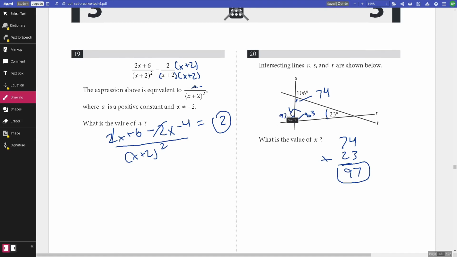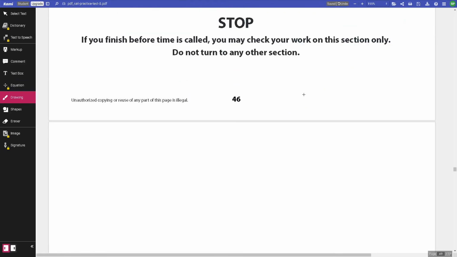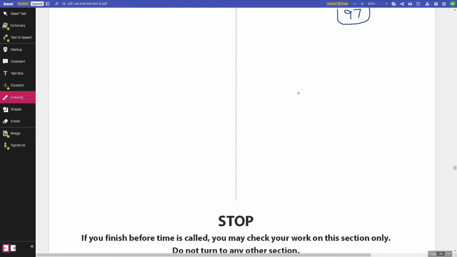So I think my method of just adding the outermost angles is easiest. But if you don't remember that from geometry, then use the traditional way of solving for the angle using the fact that the sum of the angles in a triangle is 180, and then use the fact that it's supplementary to find x. And that is all for the math no calculator section of the 5th SAT practice test.